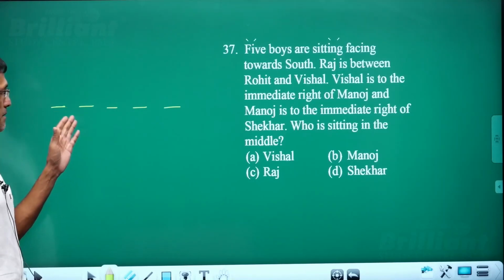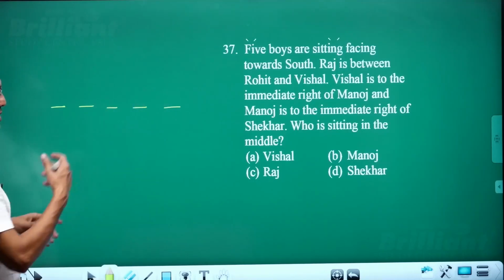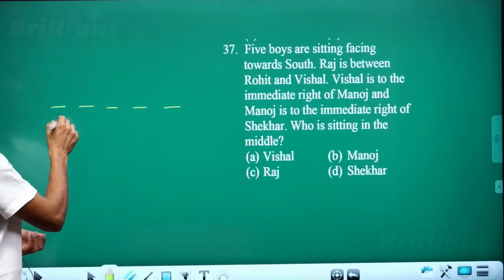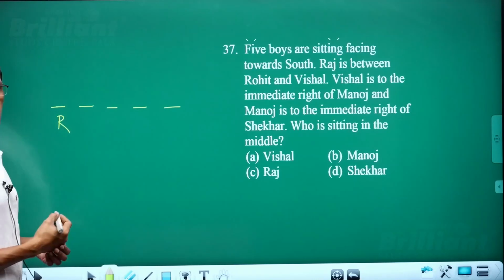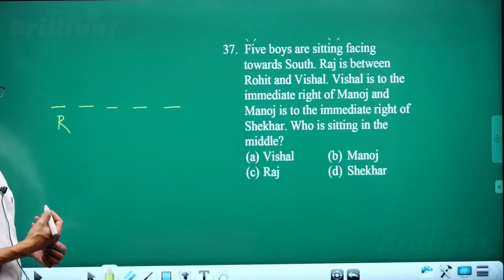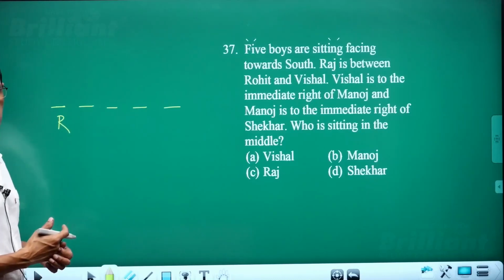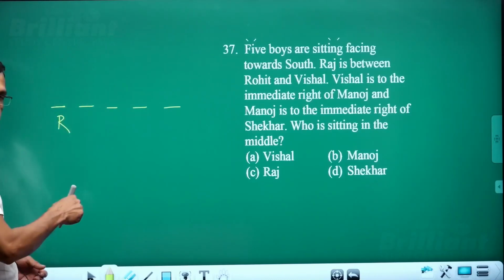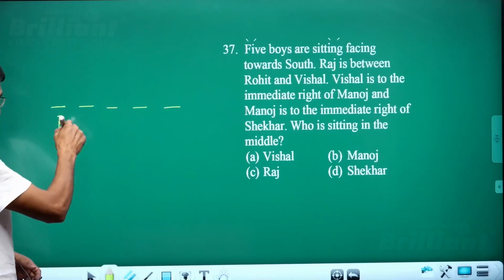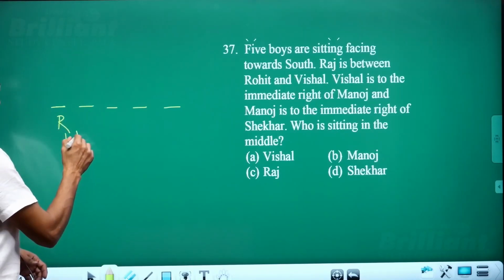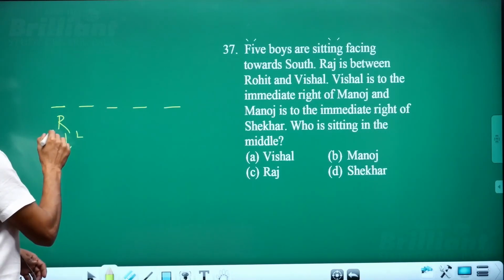Let's say Rohit is here. We have no idea where Rohit is, but let's say he is here. If Rohit is facing south, all of them are facing south. So let's say this is south. So in that case, this is the left hand side of Rohit and this is the right hand side of Rohit.